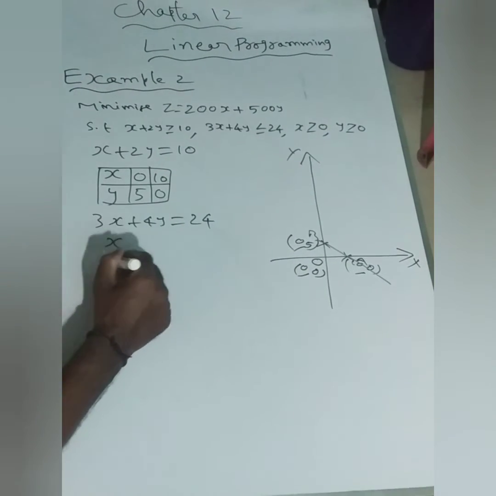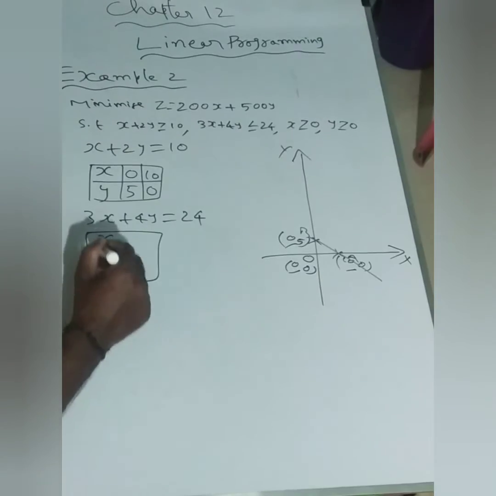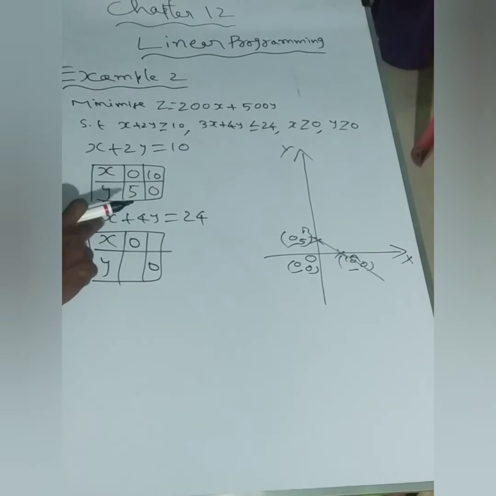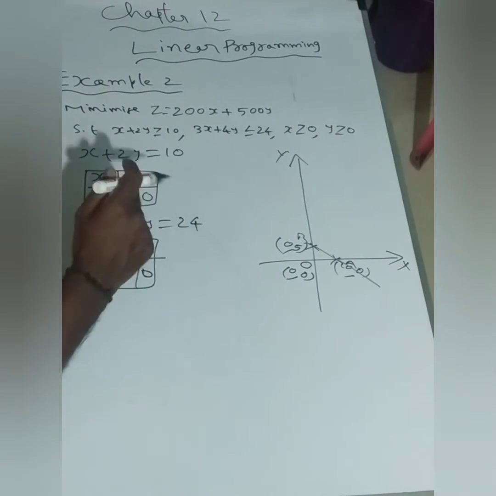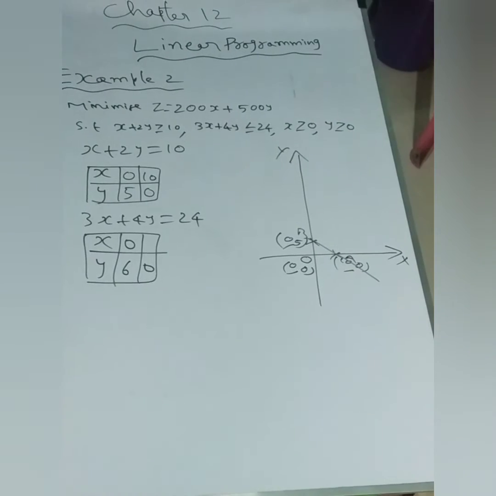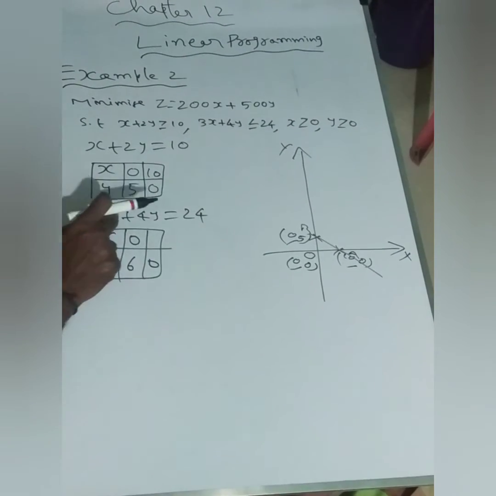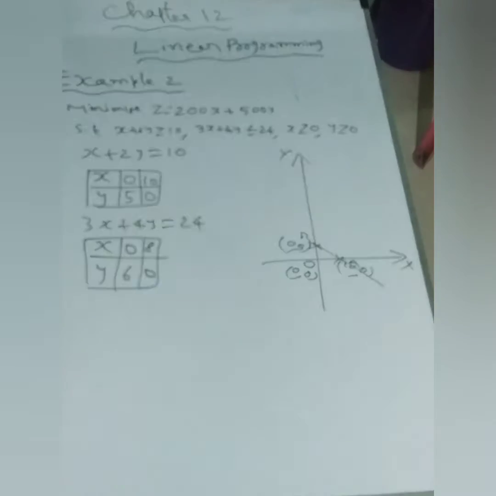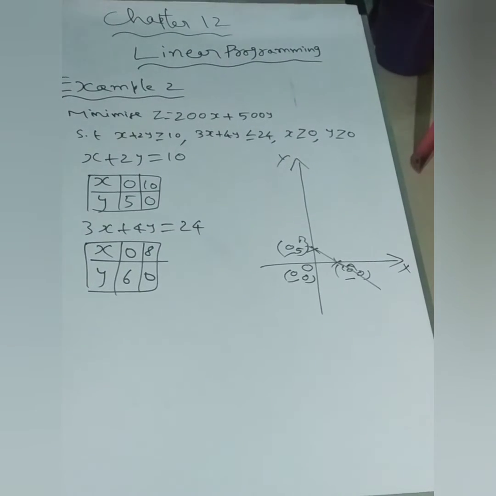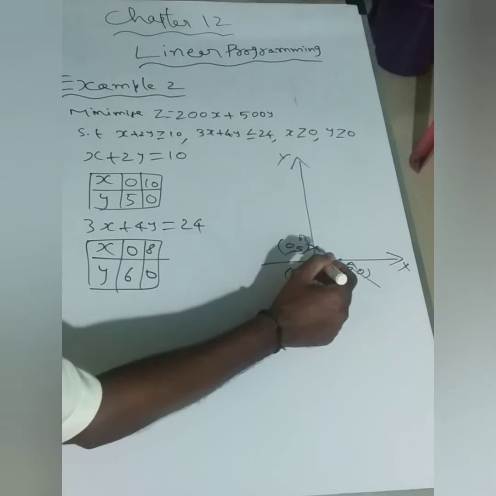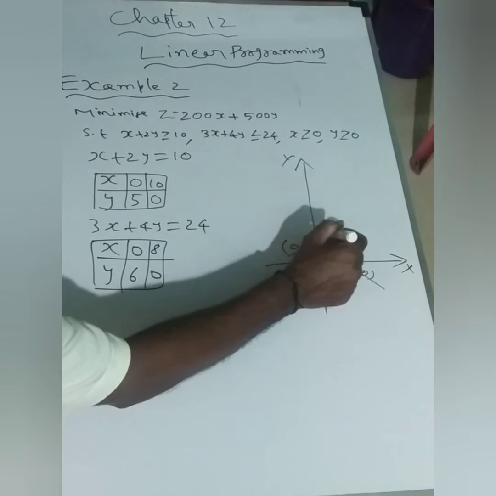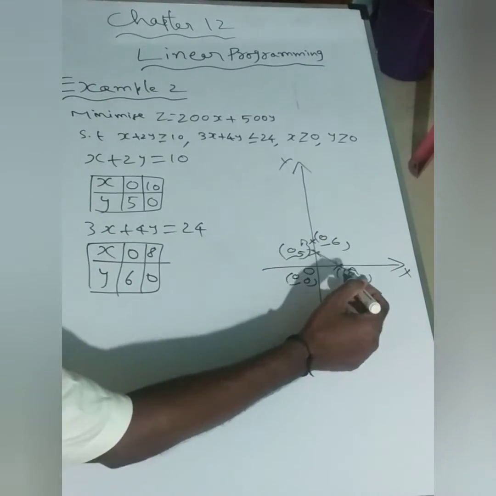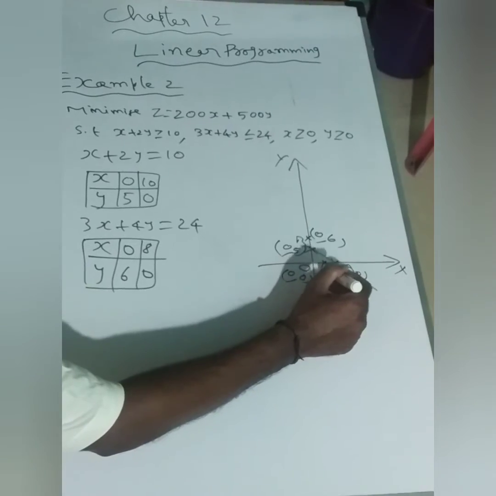Using the table, let us take x as 0: 4y = 24, so y = 6. And y as 0: 3x = 24, so x = 8. On the same graph, just plot 0, 6, with x as 0 and y as 6 somewhere, and then 8, 0; since this is 10, 0, 8, 0 is somewhere here.